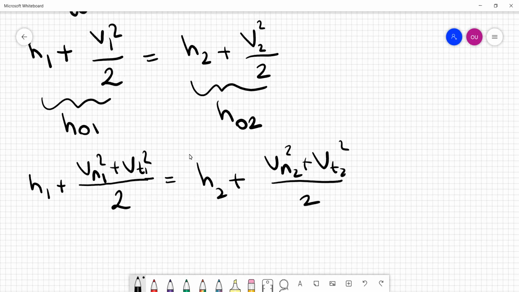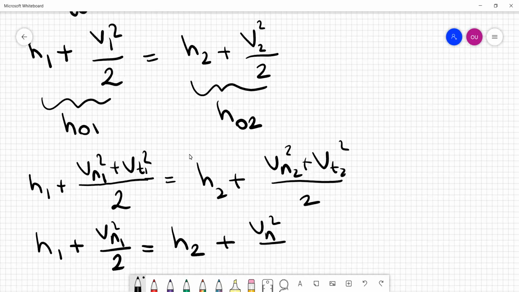Of course, since tangential velocities do not change, this also translates into the fact that the normal component of the total enthalpy must also obey this equation, H2 plus Vn2 squared over 2. So this must be satisfied in terms of conservation of energy.